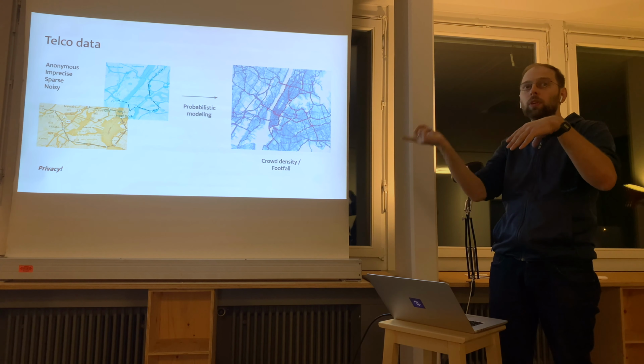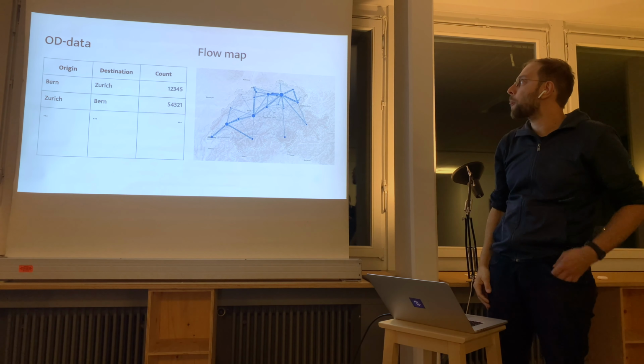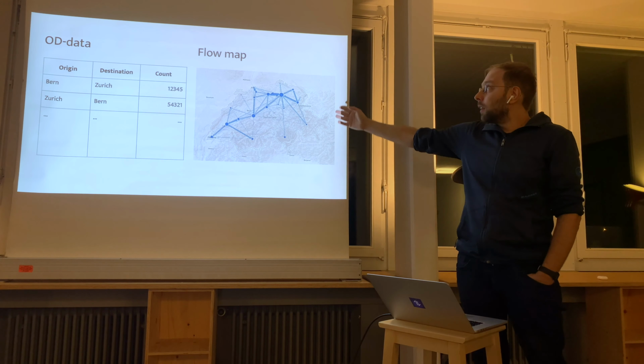So OD data can be represented as a table with three columns: origin, destination, and how many people moved between them. We don't consider the exact routes. It doesn't matter. It's just important how many people moved from A to B. The most common representation of this kind of data is a flow map, which shows this with arrows, varying the thickness of the arrows. The thicker, the more people moved.